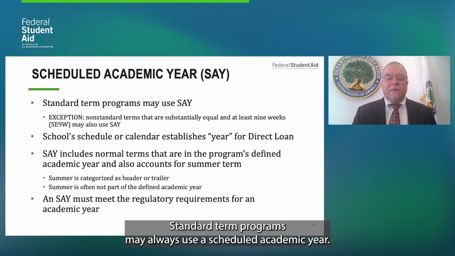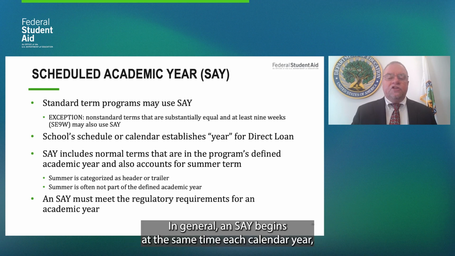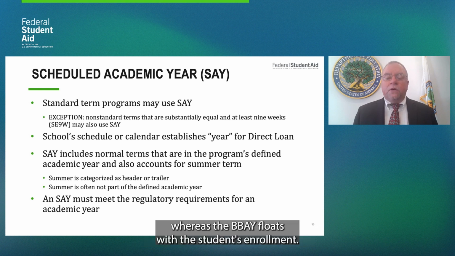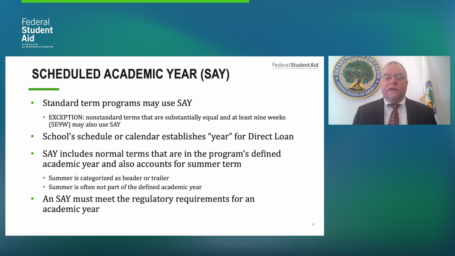Standard term programs may always use a scheduled academic year. In general, an SAY begins at the same time each calendar year, whereas a BBAY floats with the student's enrollment. Think of an SAY as the traditional fall to spring period.